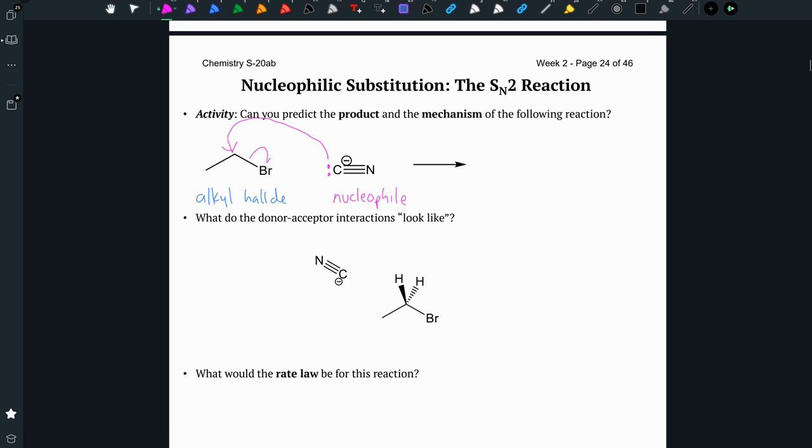That's going to break the C-Br bond, and what we're going to end up with is a nitrile. And the Br- will leave. Okay. So our product is a nitrile. And then the halide, this is acting as what we call a leaving group.